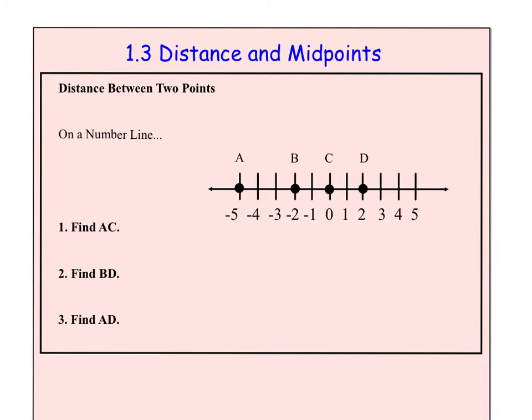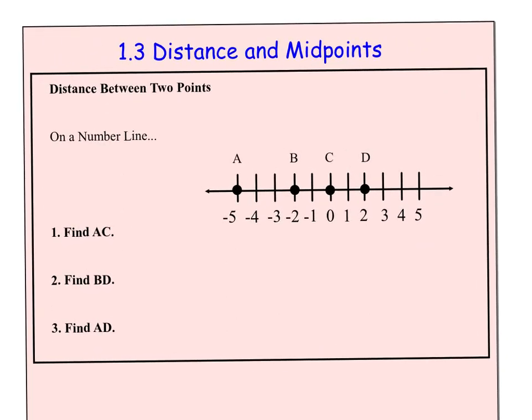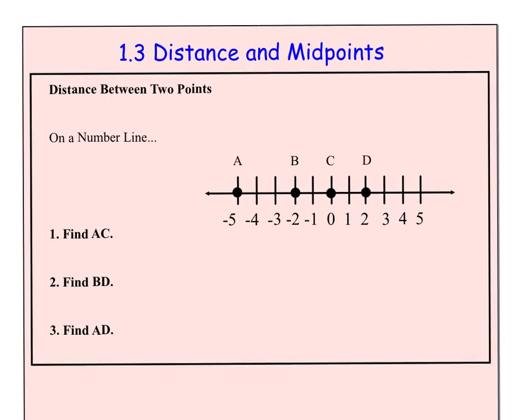Distance is exactly what it sounds like. It's how many units from one to the other. So on a number line, you're looking for the distance, and I don't have a ruler. I'm not measuring. I'm simply counting how many units it is from wherever I start to wherever I end. So find AC.